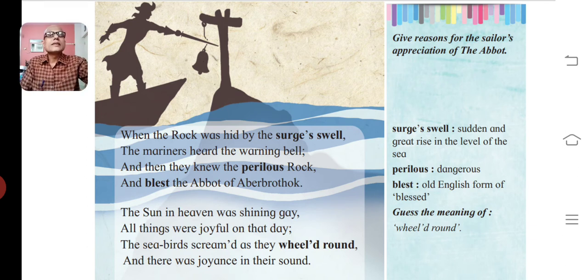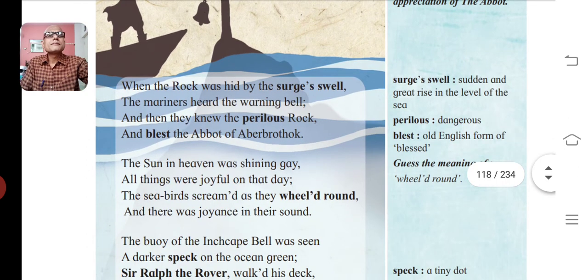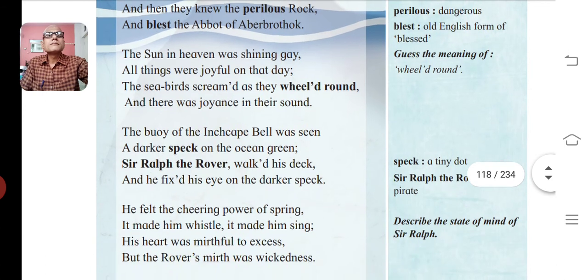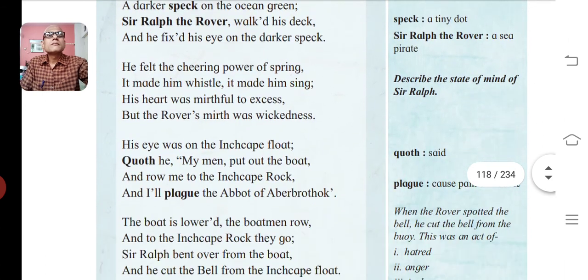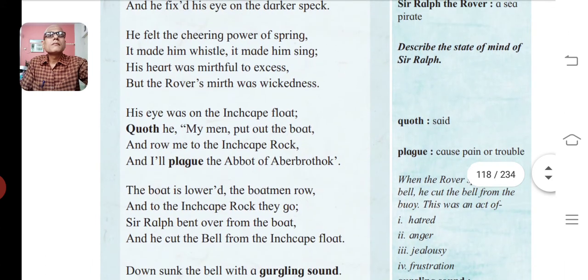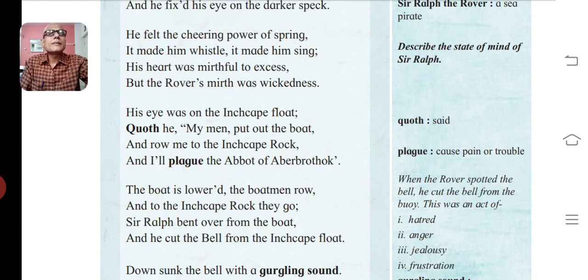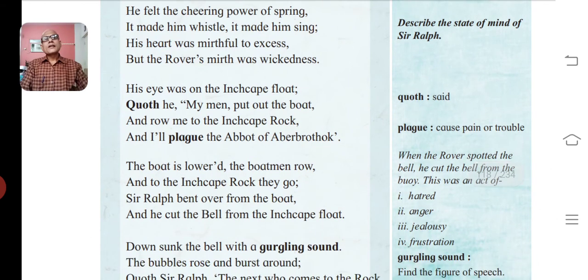Now see the next margin activity. The next activity is describe the state of mind of Sir Ralph.